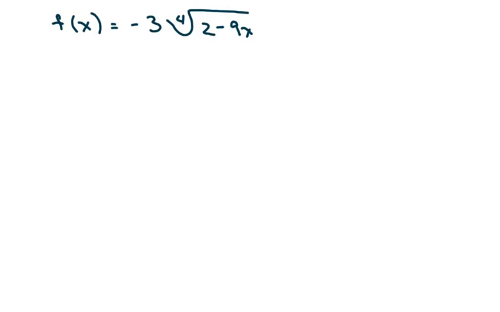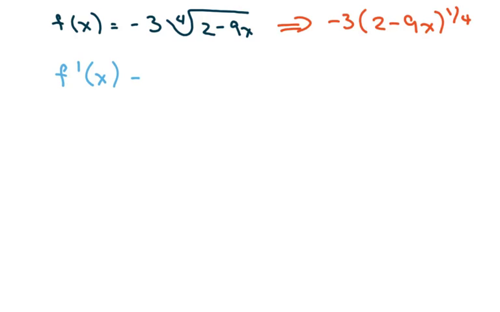Okay, this one's very similar. So we're going to write this out as negative 3 times 2 minus 9x to the 1/4. It's just like the one we just did. So we take the derivative of f. That's going to give you negative 3 times 1/4 times your inner function. 1/4 minus 4/4 is negative 3/4.